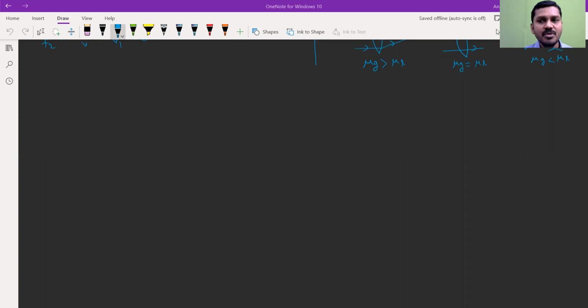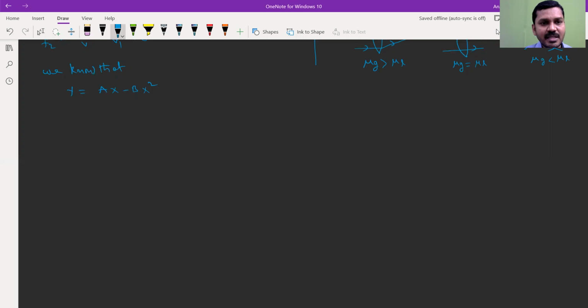So in projectile motion, we know the relation: the displacement of the projectile body along the y direction, y = ax - bx².